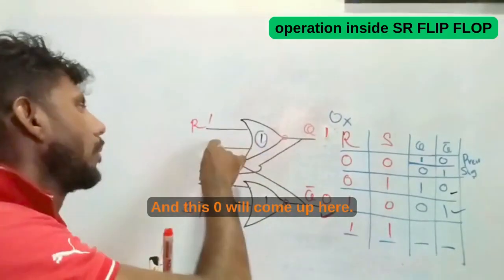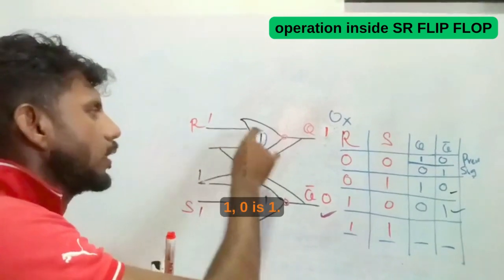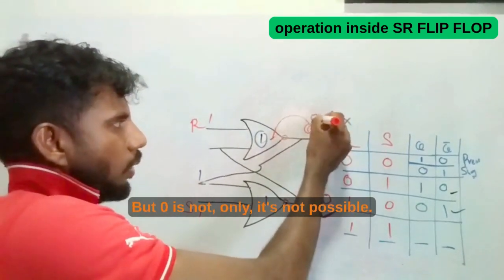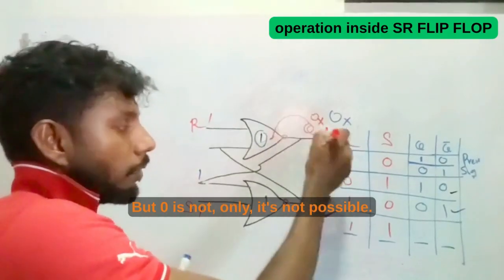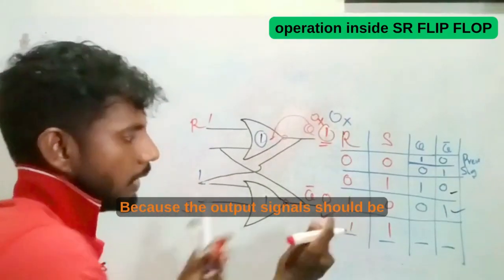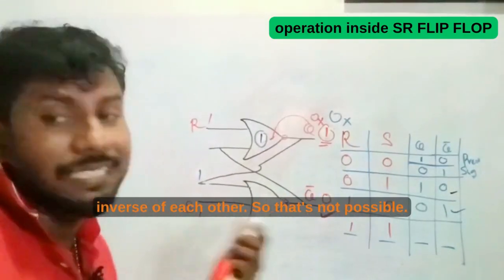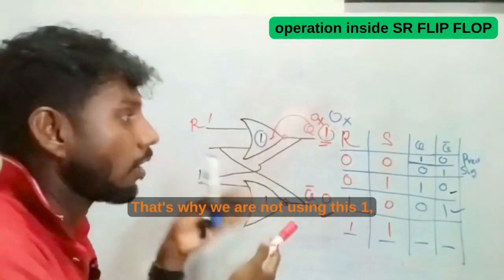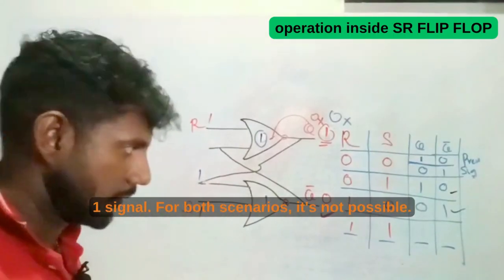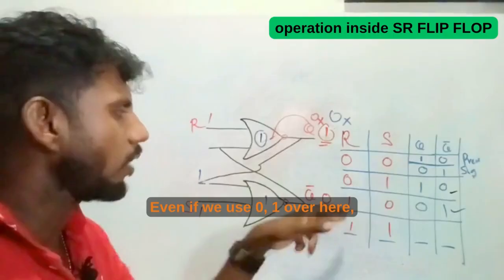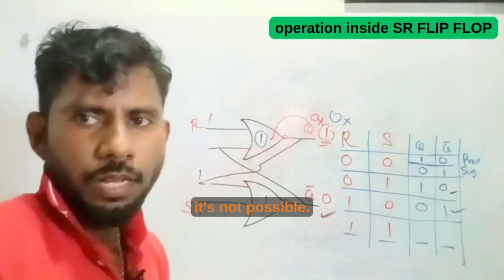And this 0 will come up here. 1, 0 is 1, and it will be converted to a 0, but 0 is not possible, only 1 should be there, because the output signals should be inverse of each other, so that's not possible. That's why we are not using this 1, 1 signal. For both scenarios, it's not possible. Even if we use 0, 1 over here, it's not possible.